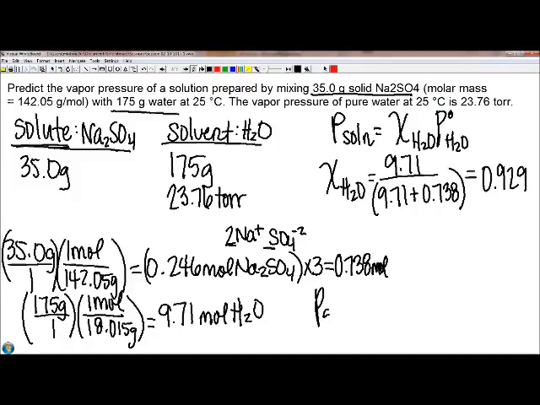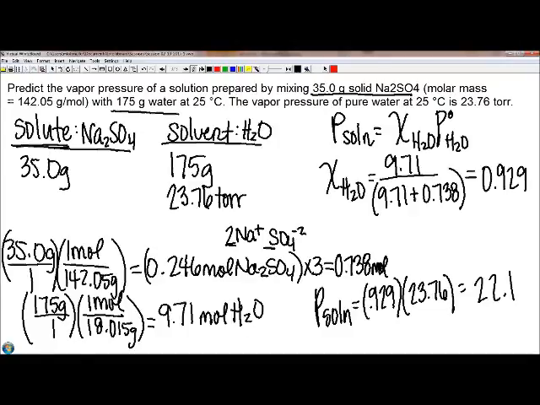Then the P solution, times our pure vapor pressure of the water, 23.76, is 22.1 torr, with 3 sig figs from our original problem. You will have a couple of these on the assignment, so ask me if you need help. Sometimes it might be multiplied by 2, like sodium chloride, but you have to pay attention to what your solute is.